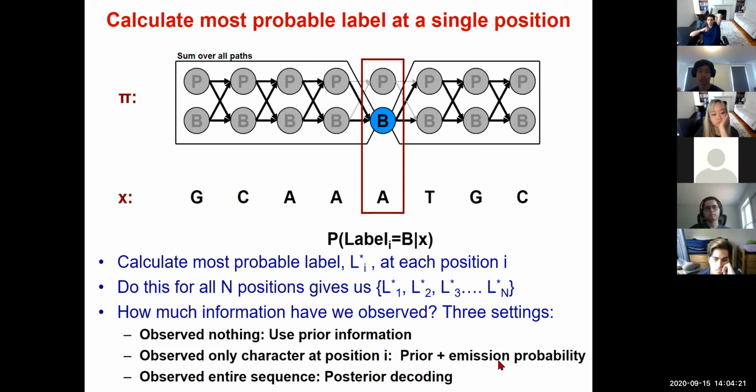So remember this whole reversing of the directionality. I have the probability of the data given the hypothesis. I can use that to infer the probability of the hypothesis given the data, divided by the prior probability of the hypothesis. And that gives me the posterior. And if I've observed the entire sequence, that's when posterior decoding comes in.